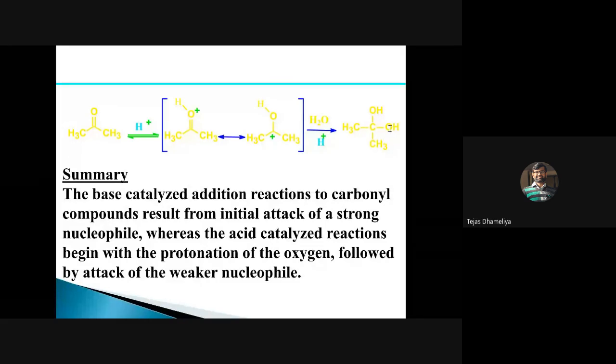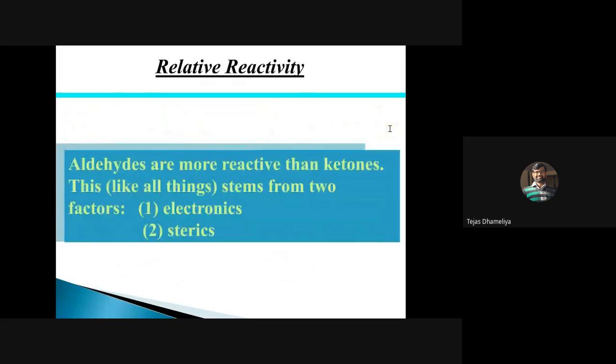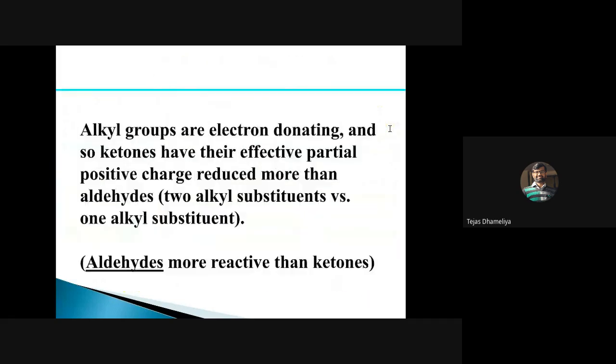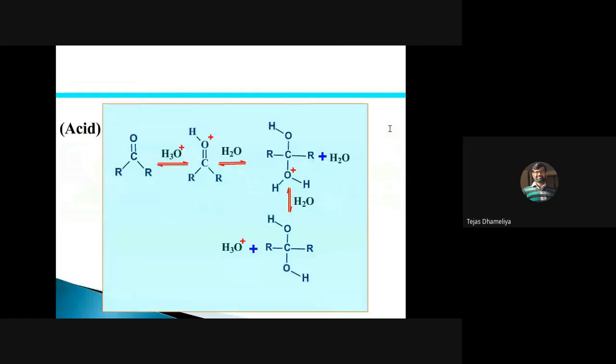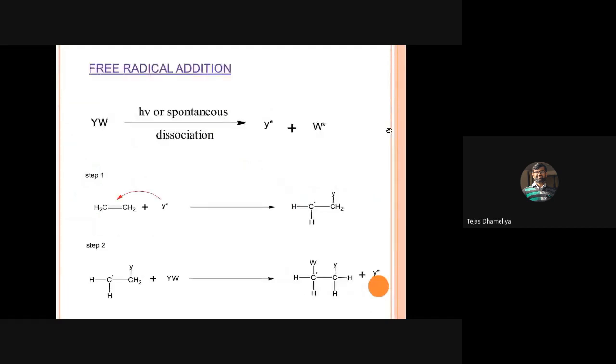Here basically this was an acid catalyzed reaction where, in the presence of the weaker nucleophile water, there is formation of a geminal diol. So these are all the types of reactions which we majorly term nucleophilic addition.